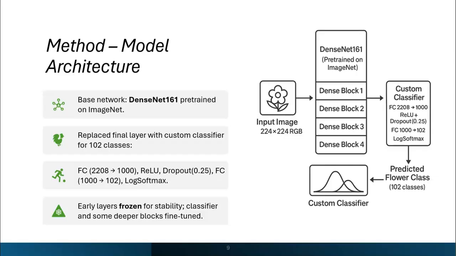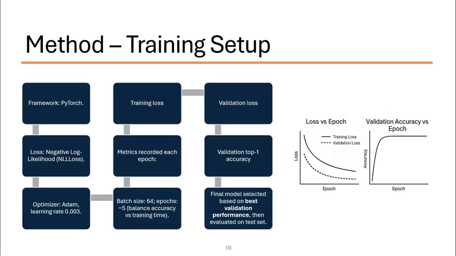We replace the final classification layer with a custom head: a fully connected layer from the 2208 features to 1000 units, ReLU, dropout with a probability of 0.25, and a final fully connected layer to 102 outputs, followed by log softmax. This is the architecture we use in this project.